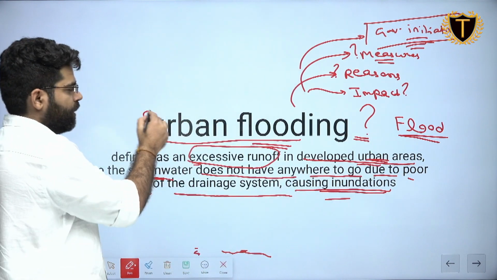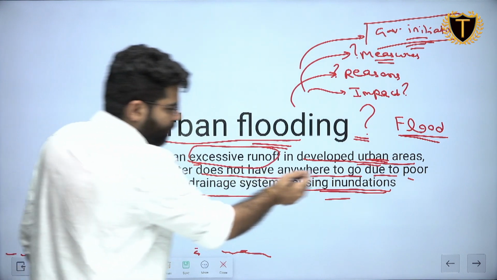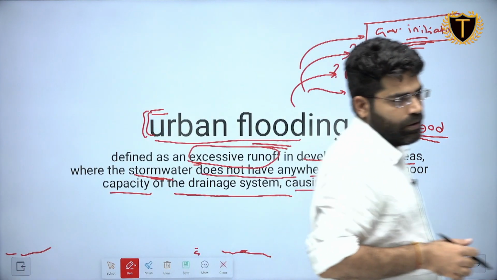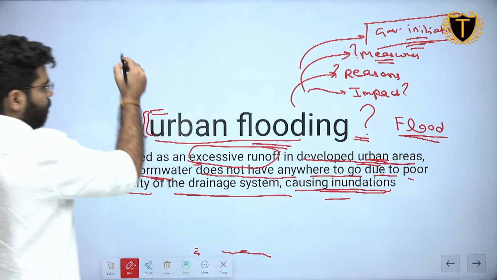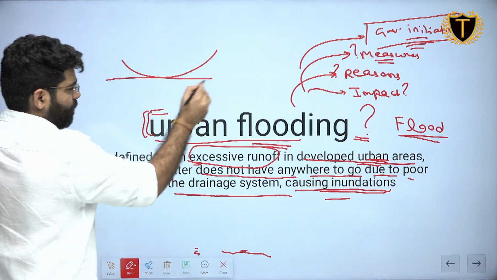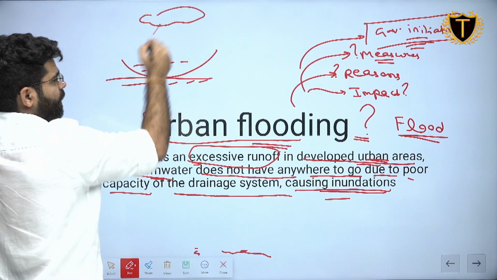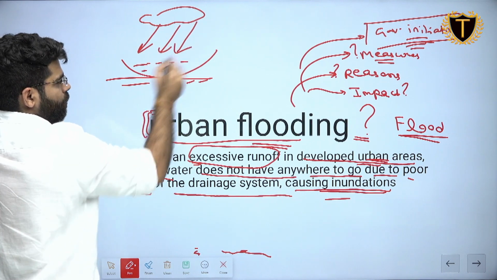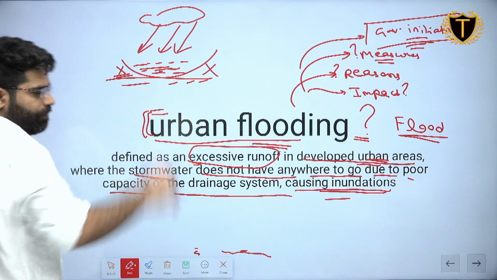Obviously, we have been talking about urban flooding where the storm water does not have anywhere to go. All right. Let us consider the urban area as a bowl, and these are basically low-lying areas, and the rain has been happening. So the water collects everywhere with no place to go outside.